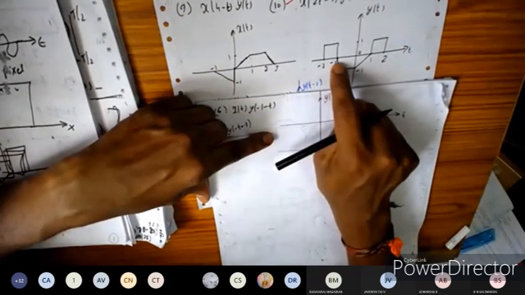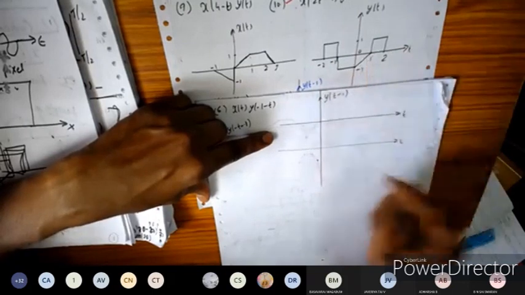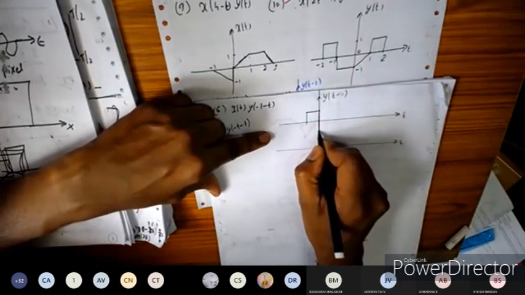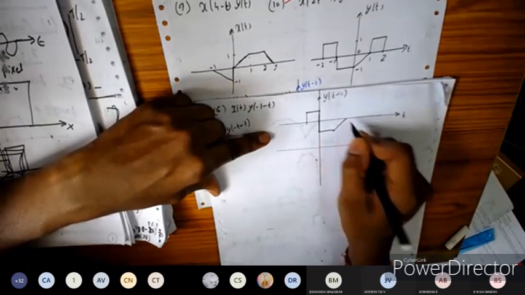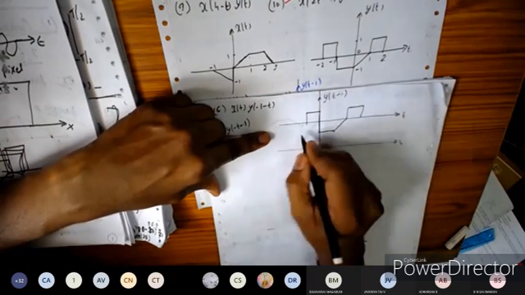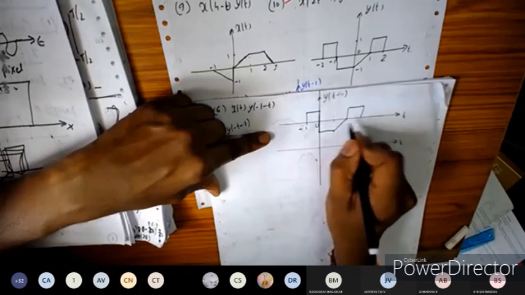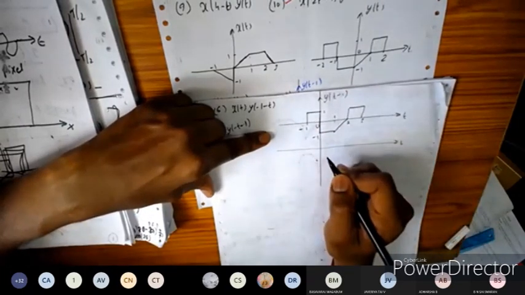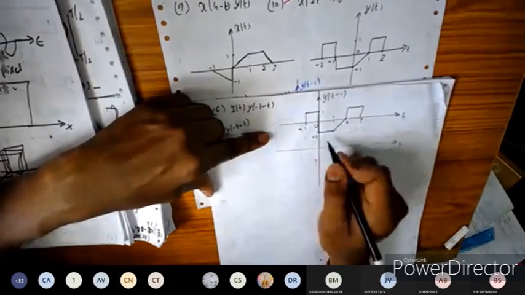So this will become -1, 0, 1, 2, 3 like that, and we'll get the waveform like this. So this is y of t minus 1.